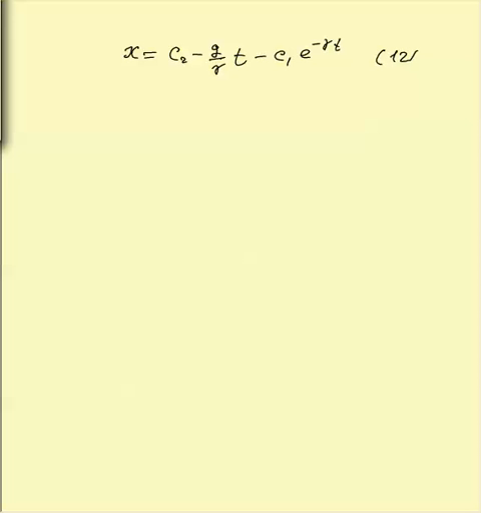And the velocity v equals minus g over gamma plus gamma times c1 exponent minus gamma t, equation 13.